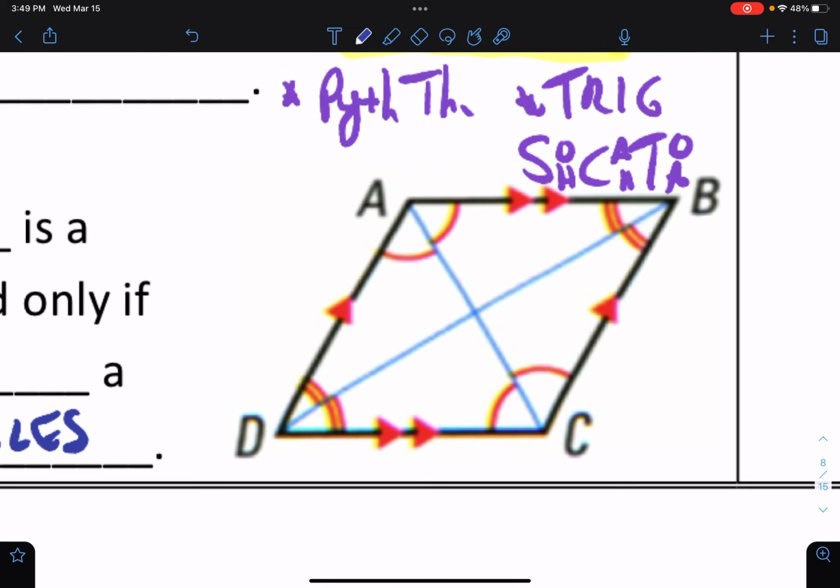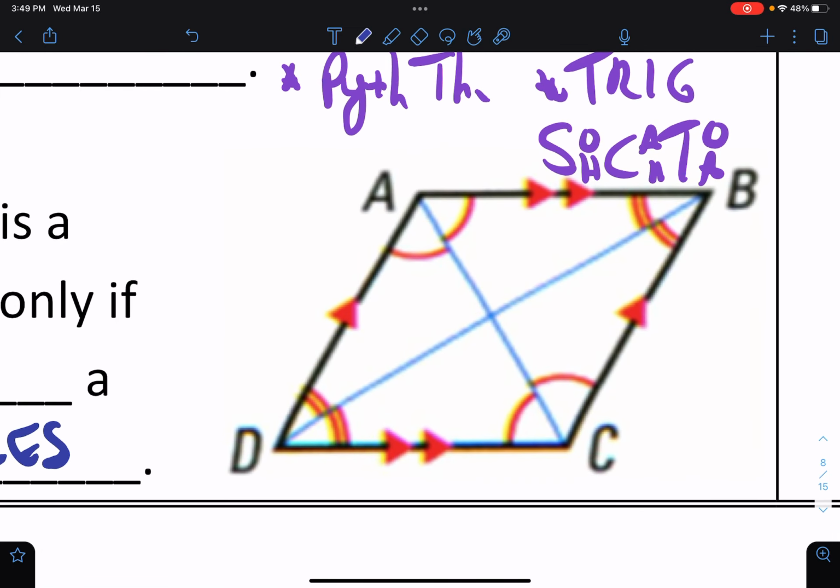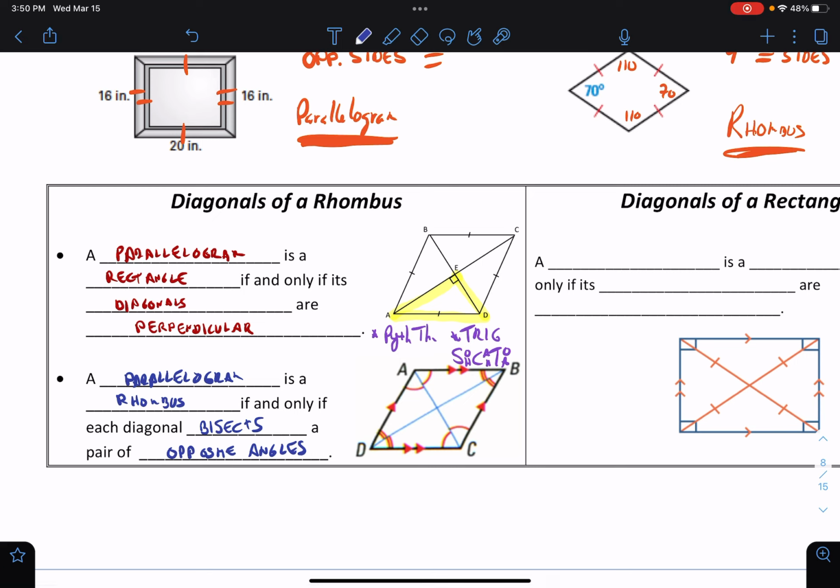If you notice that with the diagram here, you see the one swoop and the one swoop showing that angle A is split in half. Angle D is split in half. Angle C is split in half. Angle B is split in half. Okay? So the diagonals bisect each other. They're perpendicular to each other. And they bisect the opposite angles. So that's specifically with a rhombus.